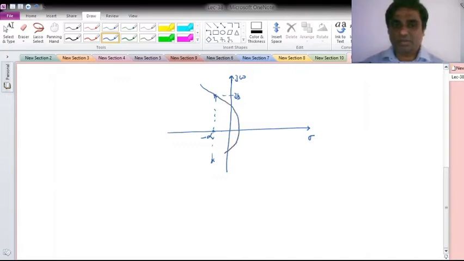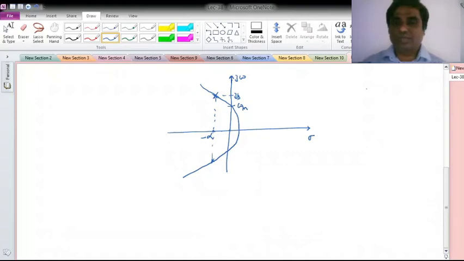It will intersect the imaginary axis, and wherever it intersects, that will be my omega m. If beta is equal to alpha, the circle will intersect at 0, and if beta is less than alpha, it will not intersect at all, so there is no resonant frequency.